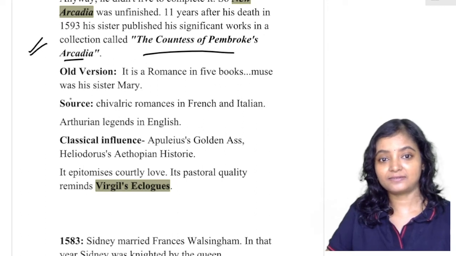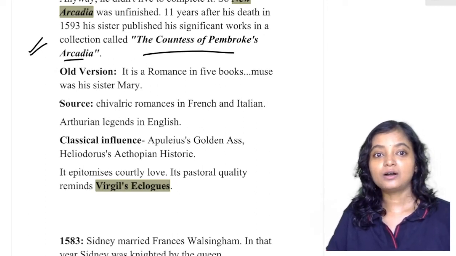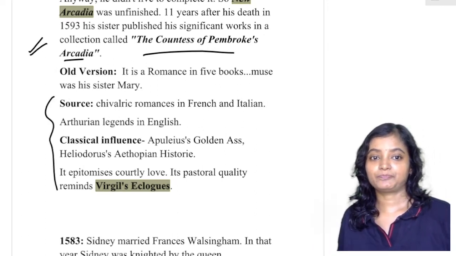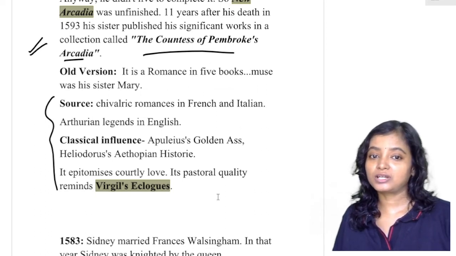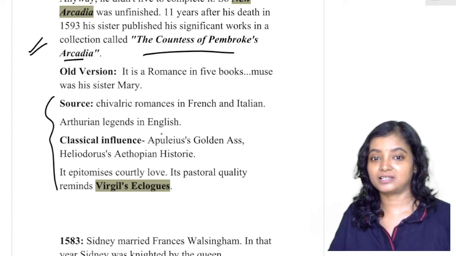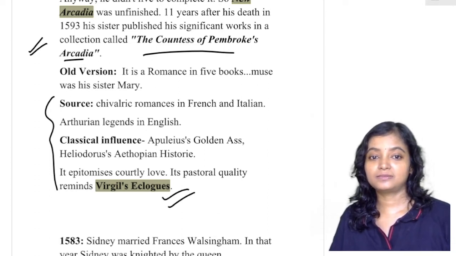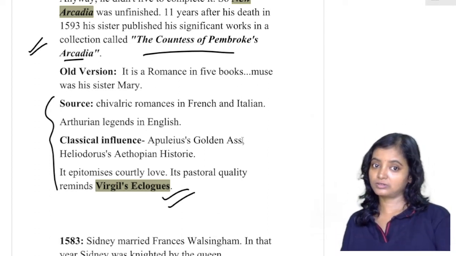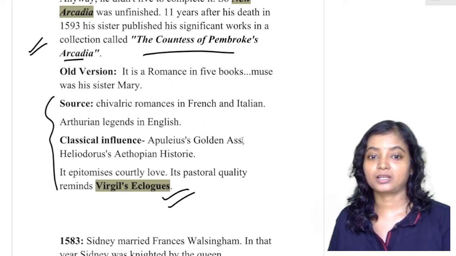These were the classical influences. So Arcadia was influenced by all these. It epitomizes courtly love. Its pastoral quality reminds us of Virgil's eclogues.